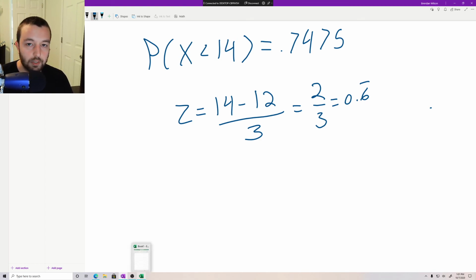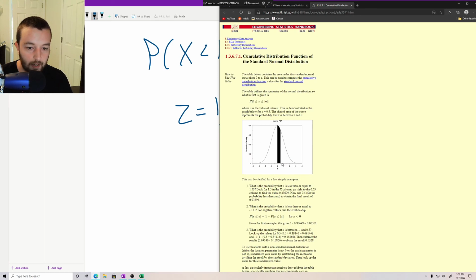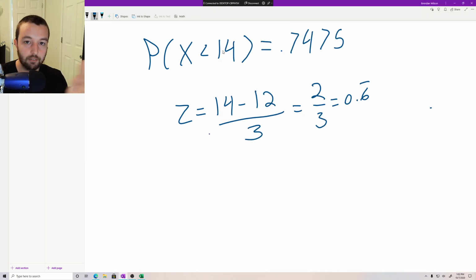So this table will tell us the probability of being between, maybe it'll be easier if I show the picture here. Our z-score is about right here at 2/3, right? So the table is going to give us the value between 0 and 2/3, okay? Now, we want the area to the left of the z-score, just like we wanted the area to the left of 14.